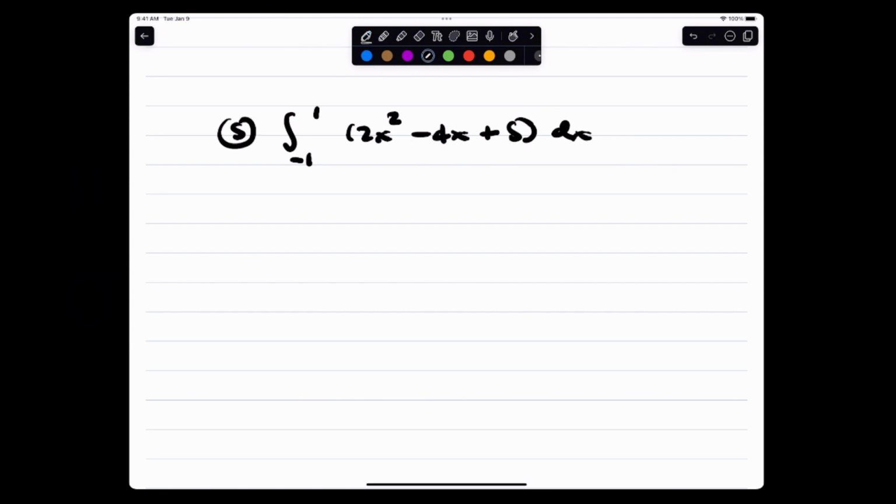Okay, so we can try this one with just properties. Integral of a sum is sum of integrals. Integral of a difference is difference of integrals. So take a look. I did the first 2 properties here.